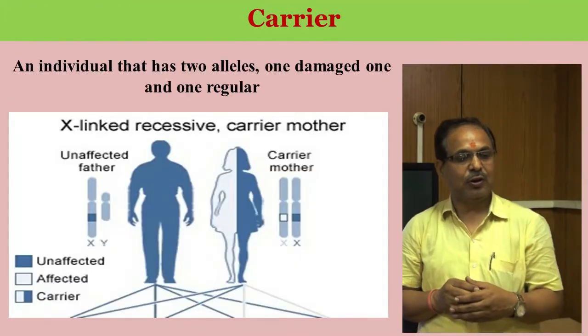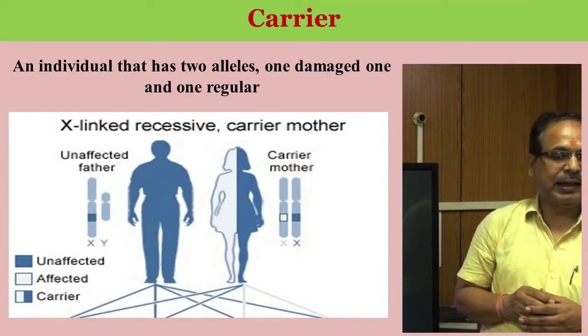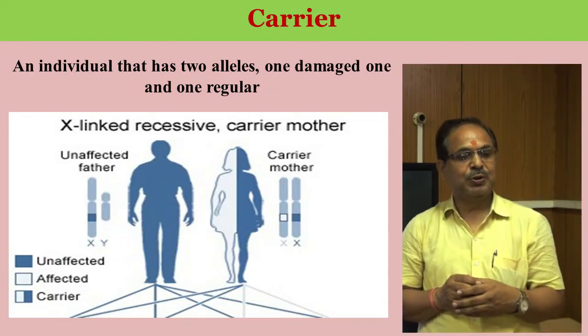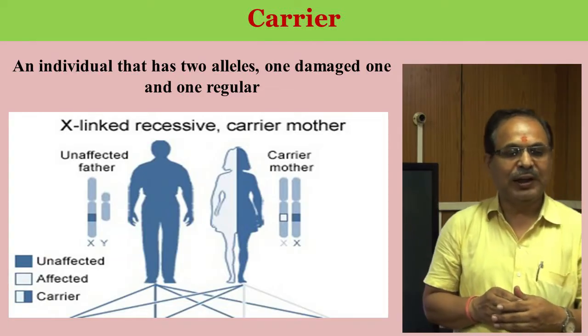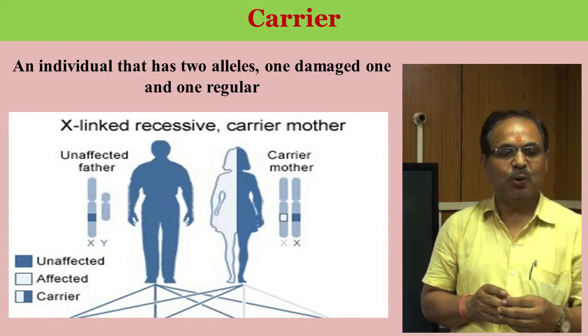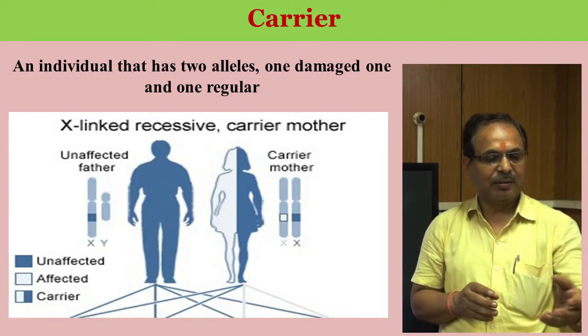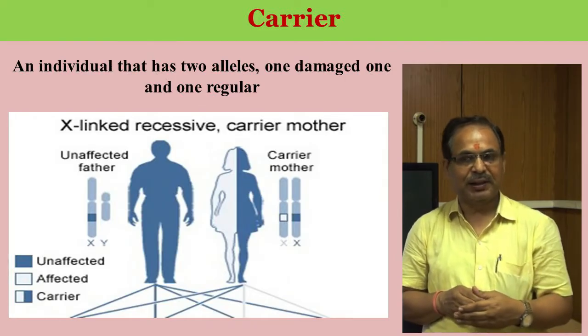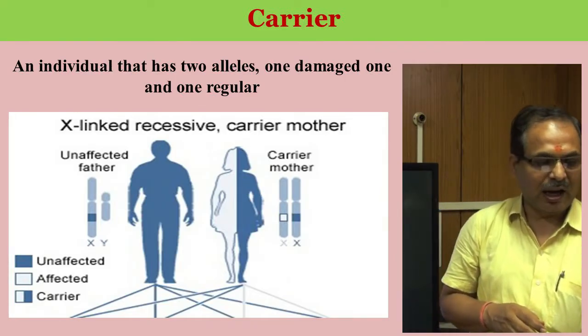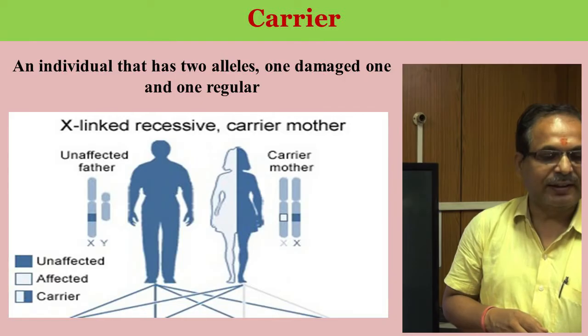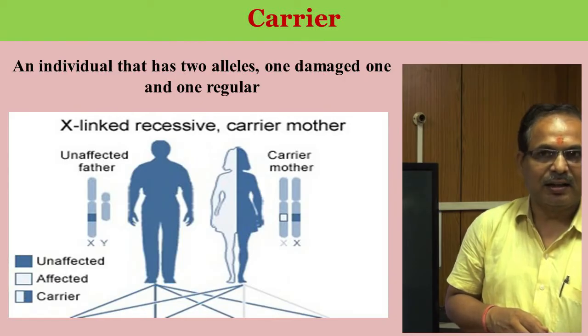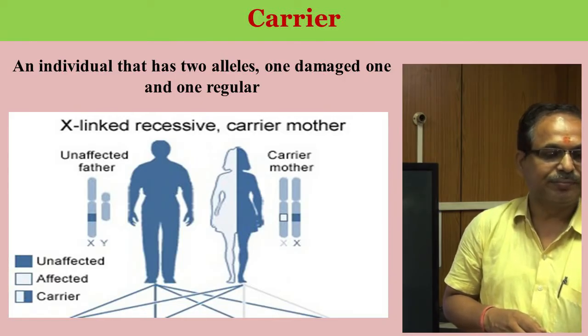We already said that carriers are those individuals which have two alleles, one damaged and one regular. Here we can see the mother is the carrier, where one allele is affected and the other allele is strong or regular.